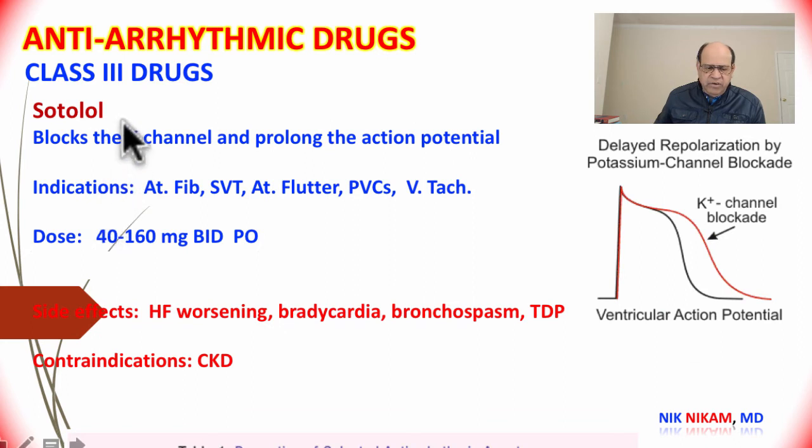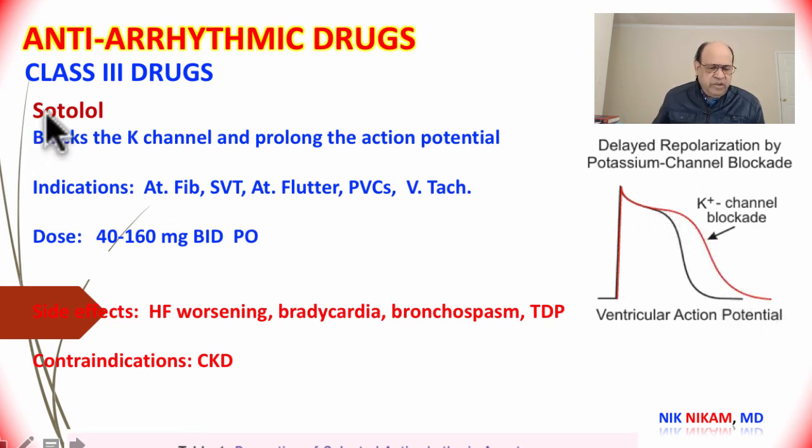Now let's look at drugs in the class 3 group. The class 3 antiarrhythmics work on phase 3 of the action potential, which is the repolarization phase, which is brought about by the potassium channel. So basically, the class 3 antiarrhythmics block the potassium channel and prolong the refractory period, prolong the repolarization phase.